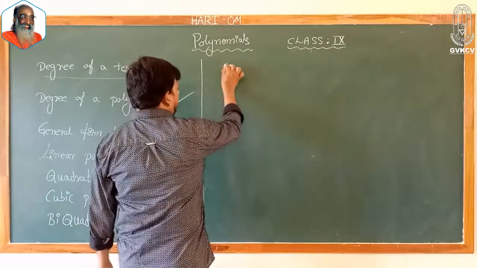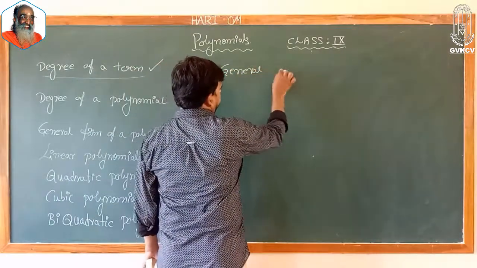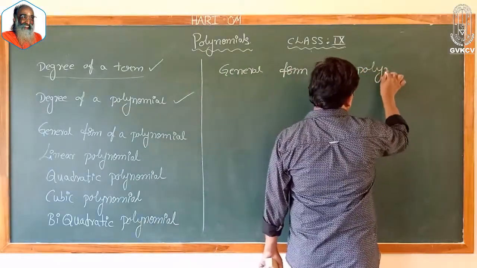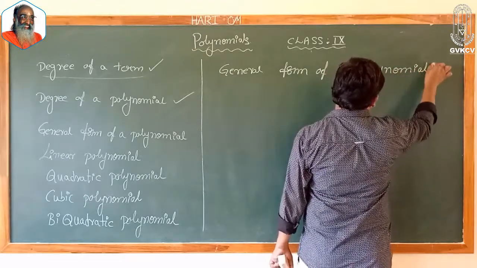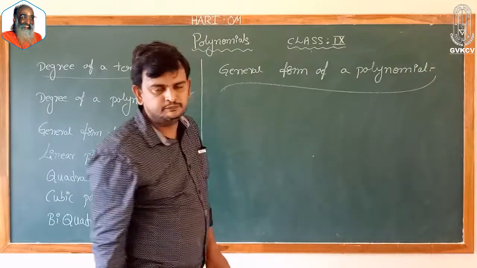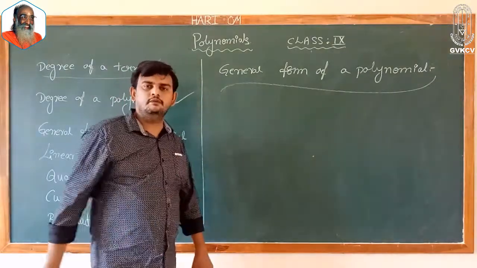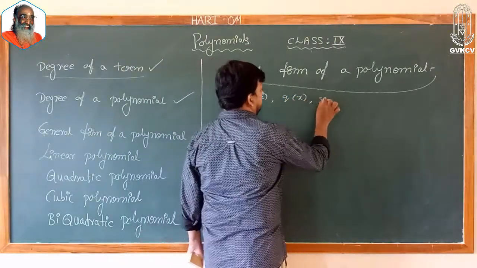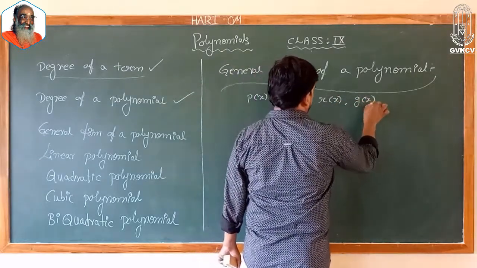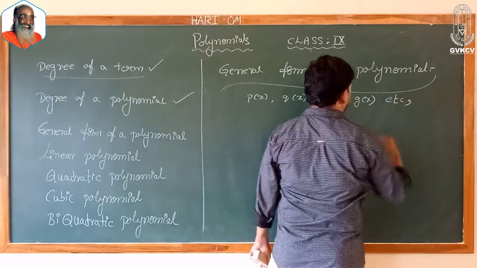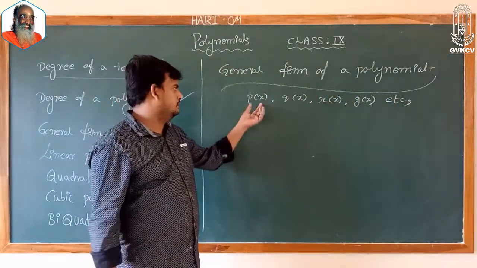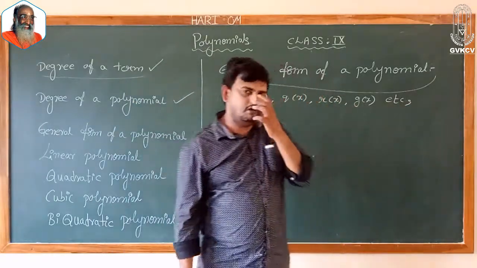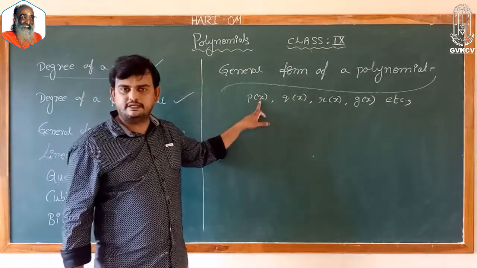General form of a polynomial. So what is the general form of a polynomial and how will it be? Usually polynomials we denote by p of x, q of x, r of x, g of x, etc. P of x means polynomial with variable x.